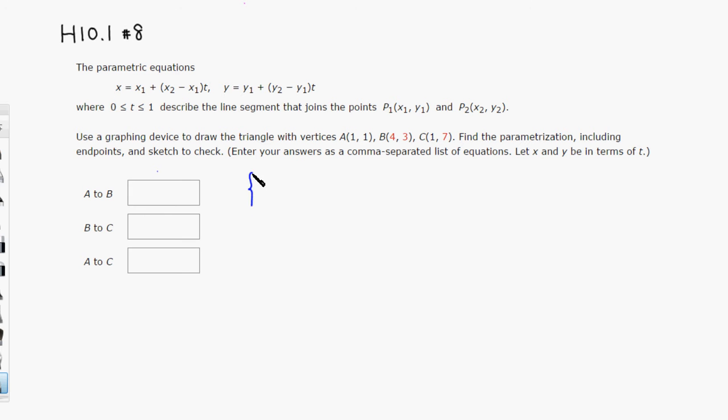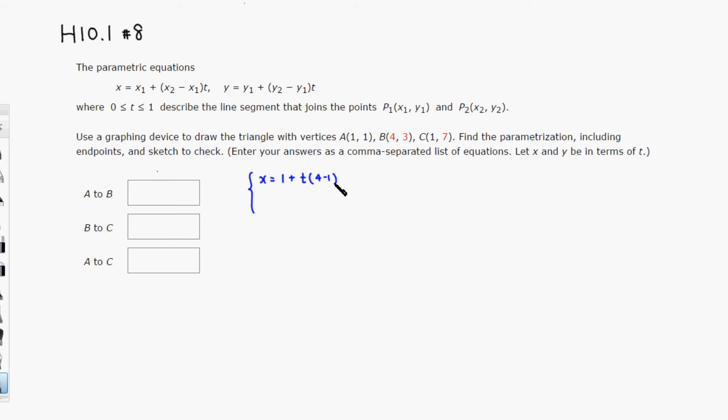So x is going to be equal to, from A to B, we look at the x value: 1 plus t times the difference between the initial point and the terminal point, in this case 4 minus 1.